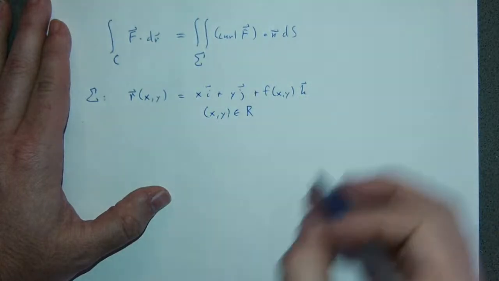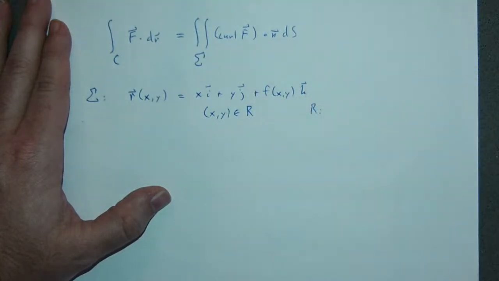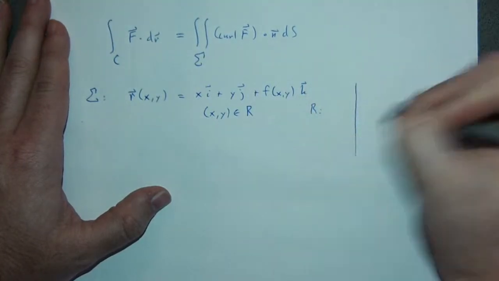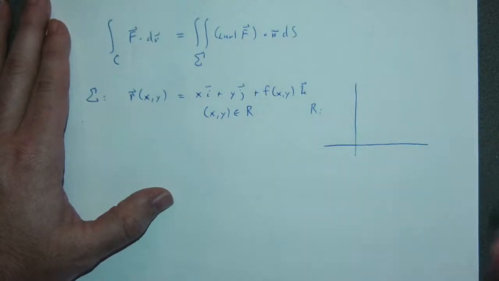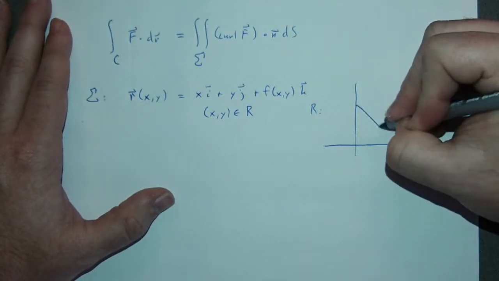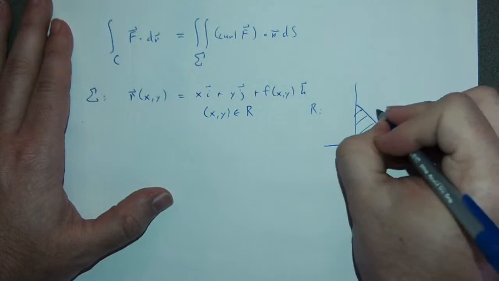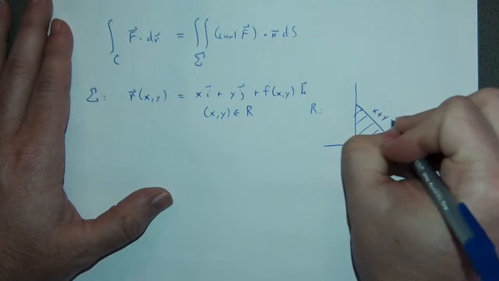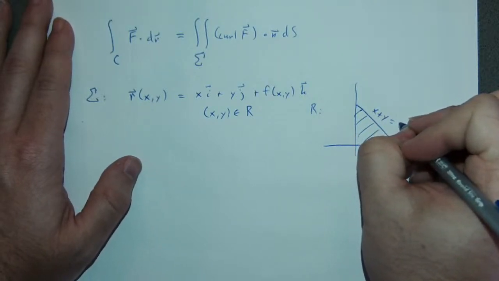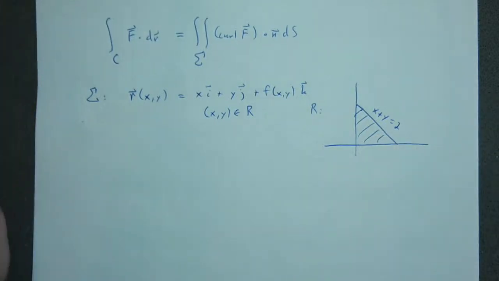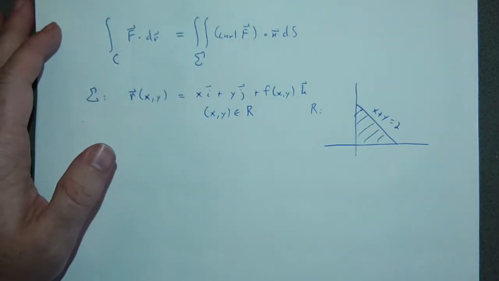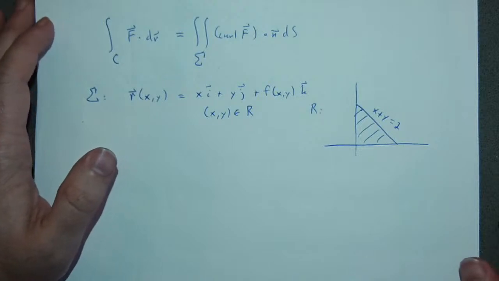So this is for x and y living in R, where R is this region in the xy plane. Right, where here, this is the line x plus y is equal to 2. Right. Okay, so there's my region R. Well, how do I describe that region?